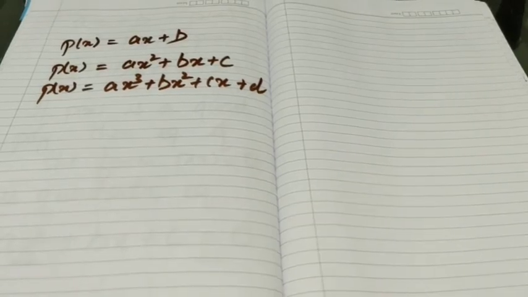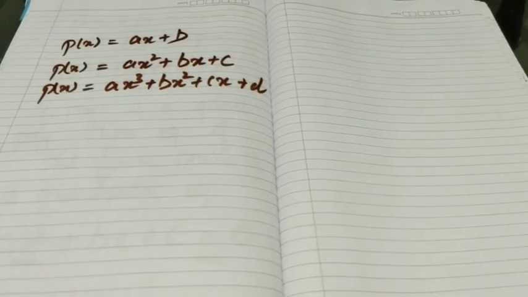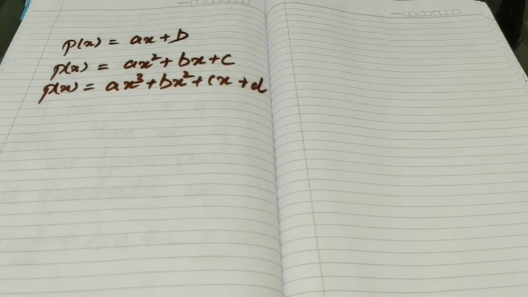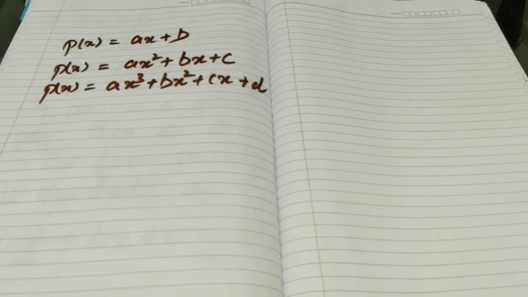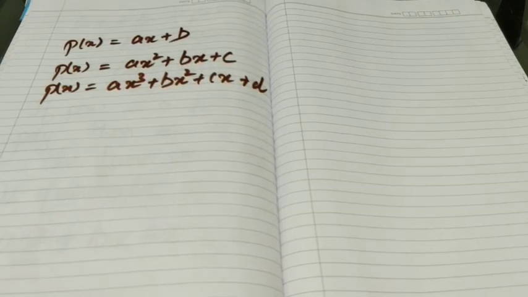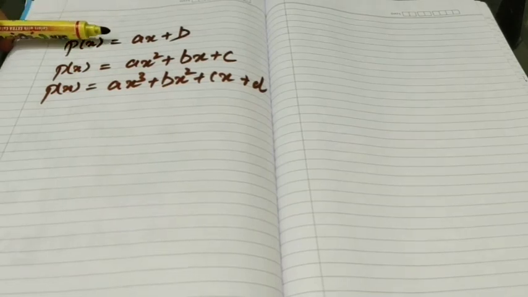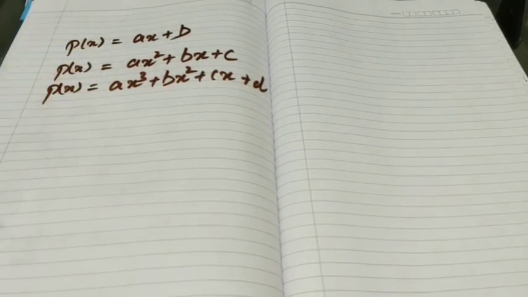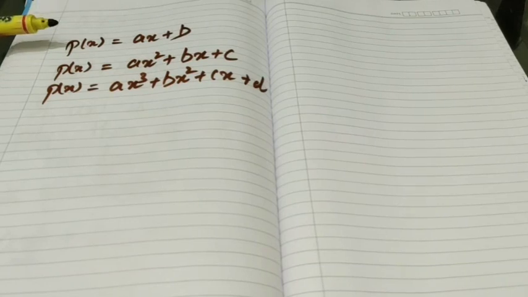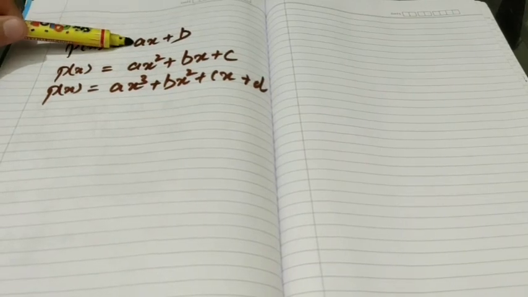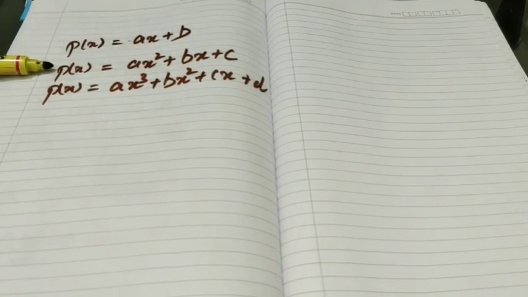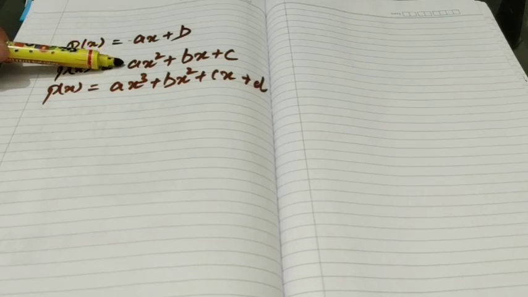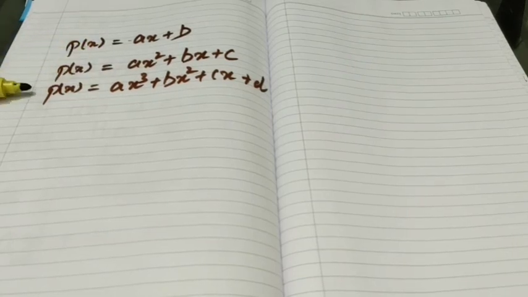In all these polynomials, x is the variable, whereas a, b, c and d are constants. And one thing that you need to mind is that the leading coefficient should never be 0. The leading coefficient in the case of a linear polynomial is a. In the case of a quadratic polynomial it is again a, and in the case of a cubic polynomial it is again a.